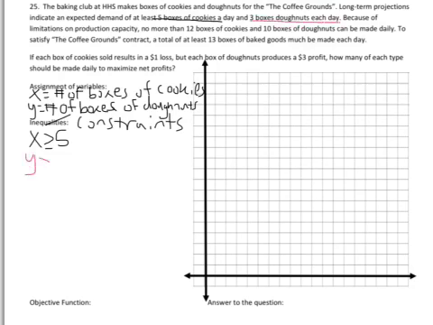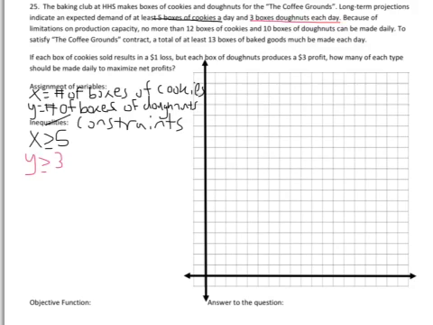So Y is greater than or equal to 3. Because of limitations on production capacity, no more than 12 boxes of cookies and 10 boxes of donuts can be made daily.